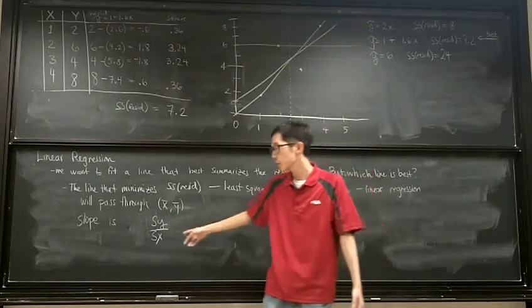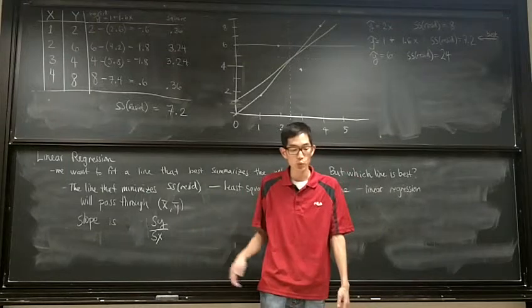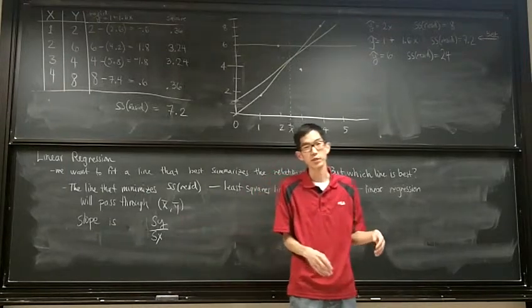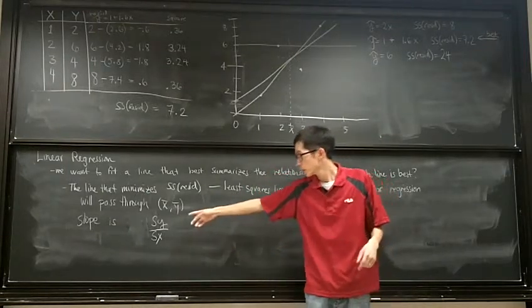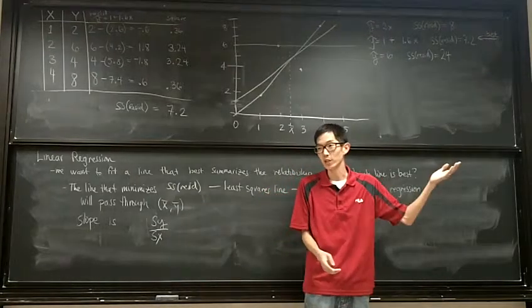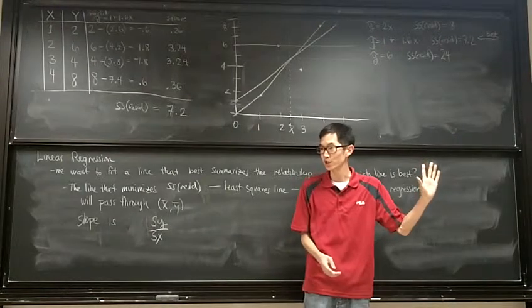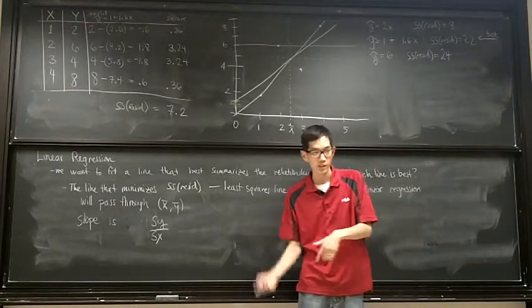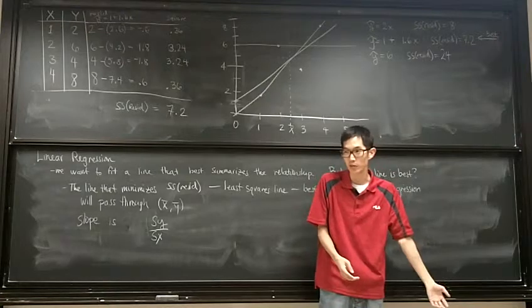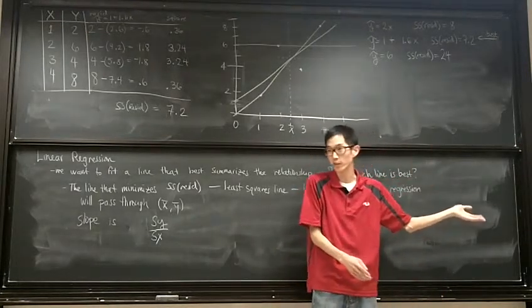Okay. Now, if this were my slope, it would say, if I found a man who was one standard deviation taller than average, then I would predict the father to be one standard deviation taller than average. But that sounds like a very strong statement, okay? And if the son was 2 standard deviations above average, I would predict the father to also be 2 standard deviations above average.